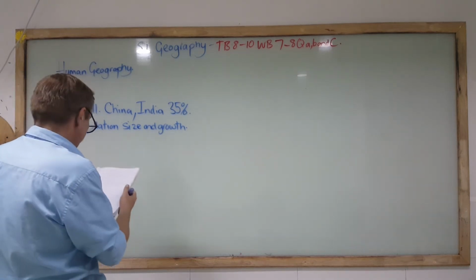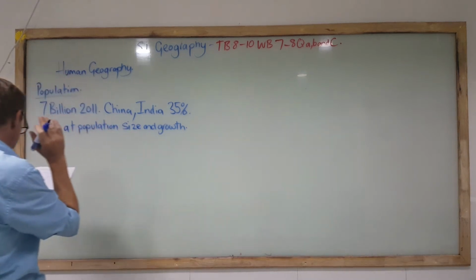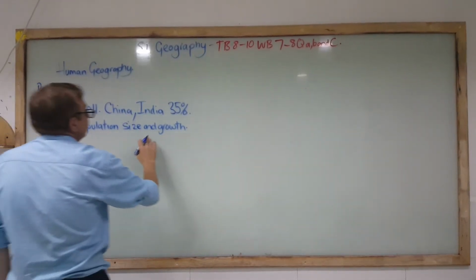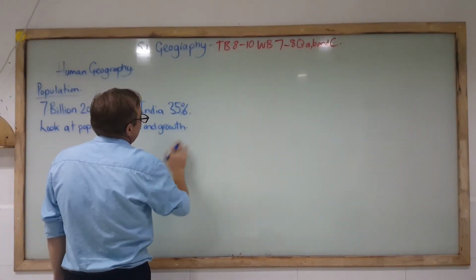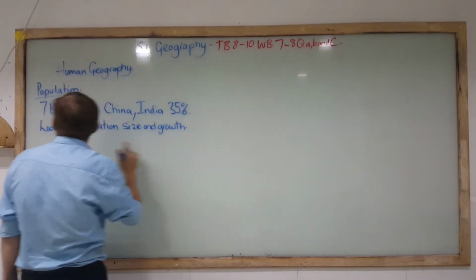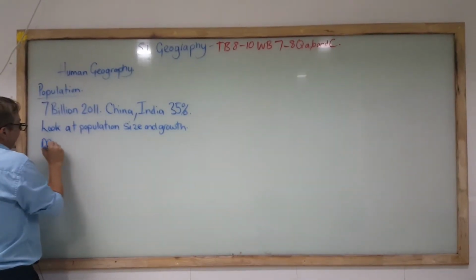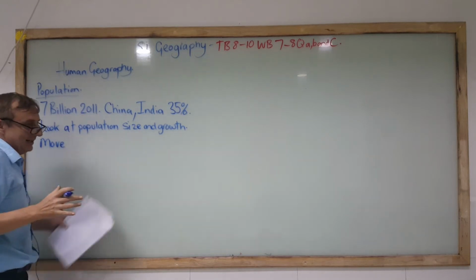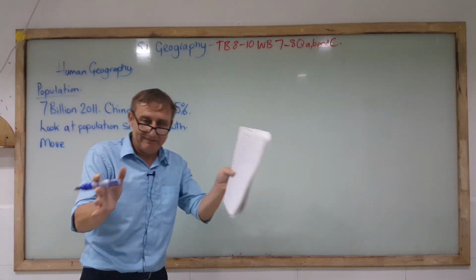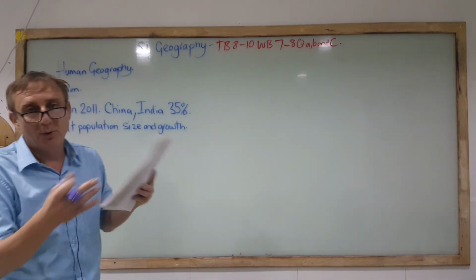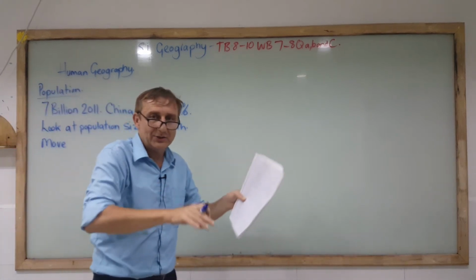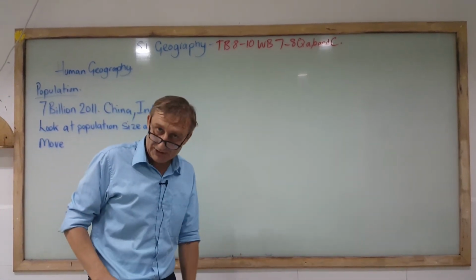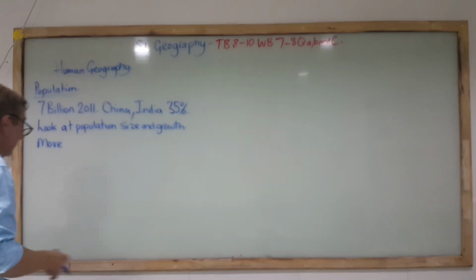And they look at the population size of growth, firstly, which leads them on to the movement of the people. Yeah, because there's a finite space of land, and the more people that are born have to go elsewhere to look for new resources, new space, etc.